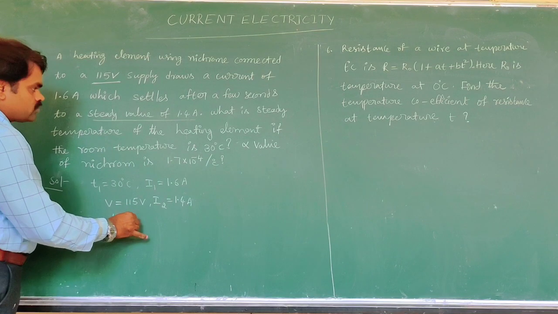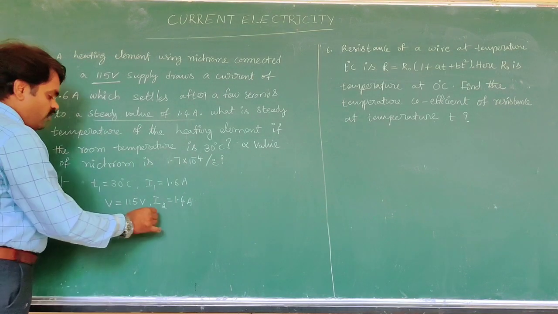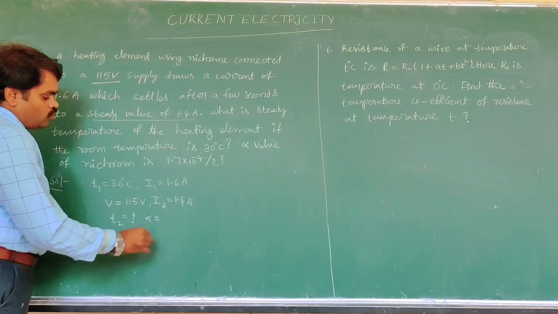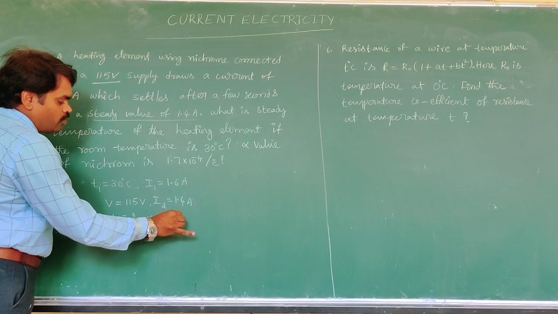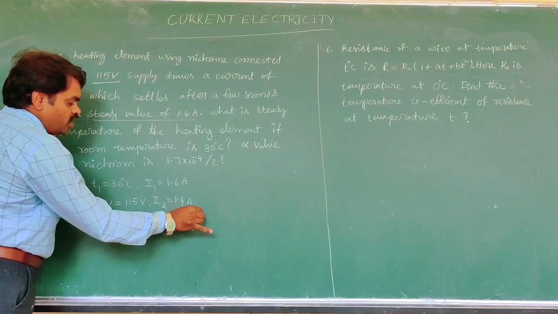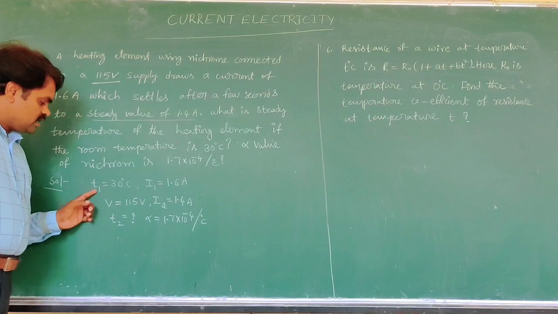Now the alpha value is given, that is 1.7 into 10 to the power of minus 4 per degree Celsius.